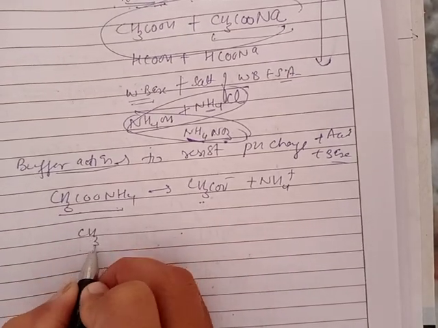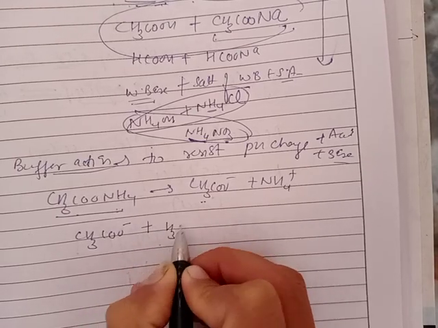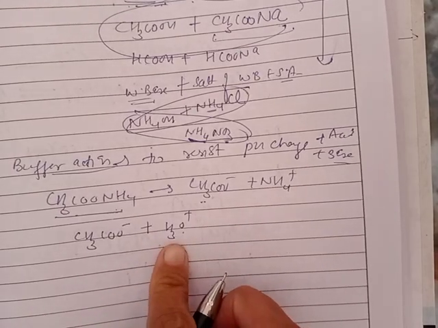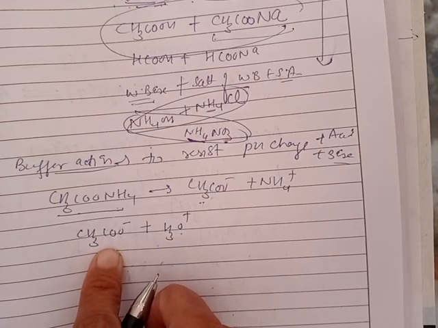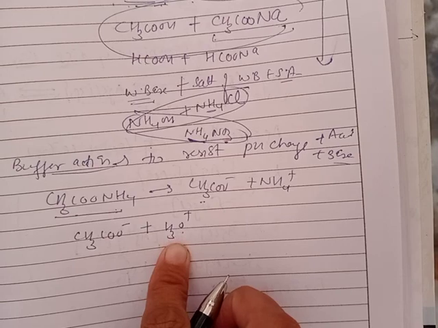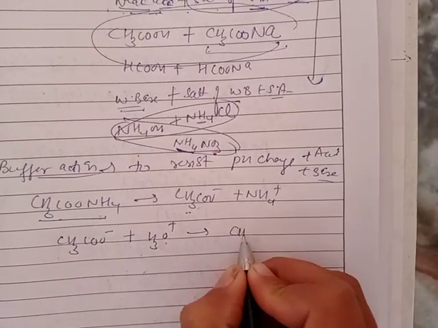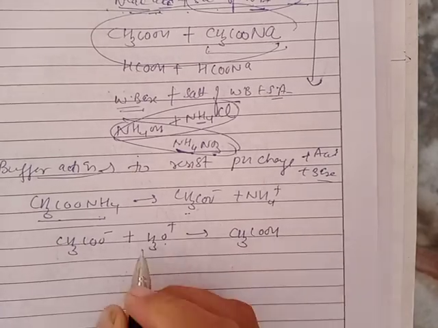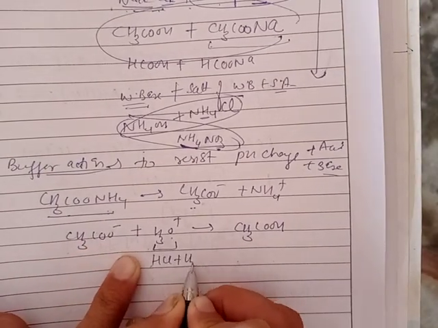Now what will happen when a few drops of acid are added? In that case the hydronium ion of the acid combines with the acetate ions to form weakly ionized acetic acid. This H3O+ is obtained from HCl plus H2O.